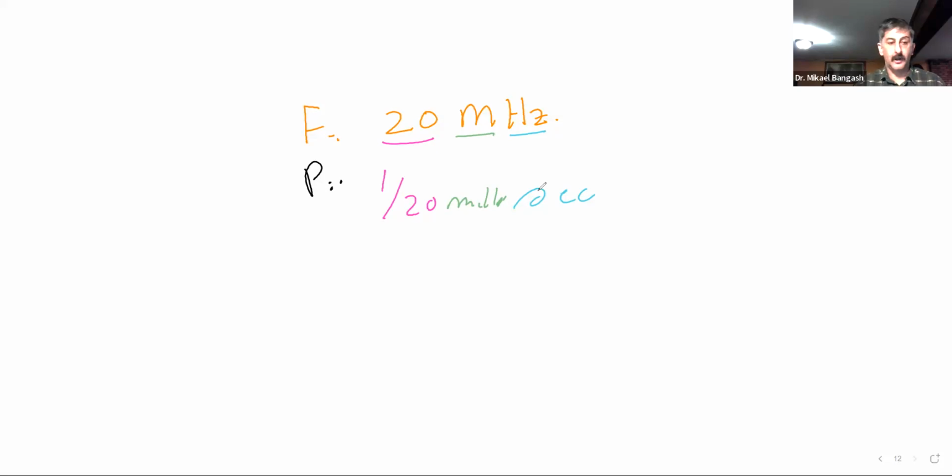Or if you want to go this way and say, how can we write this? Well, the 20 will be 20. The mega is 10 raised to the power 6, and this is just your unit.